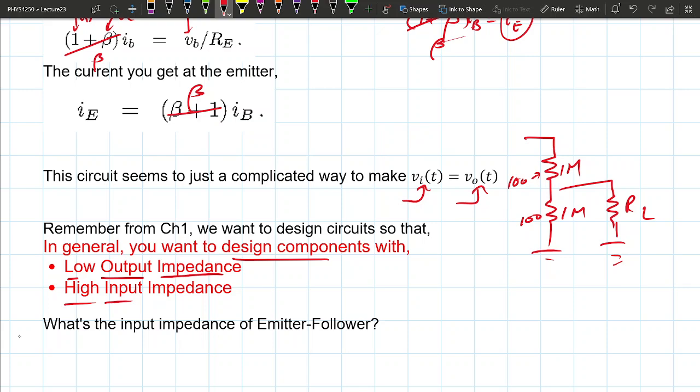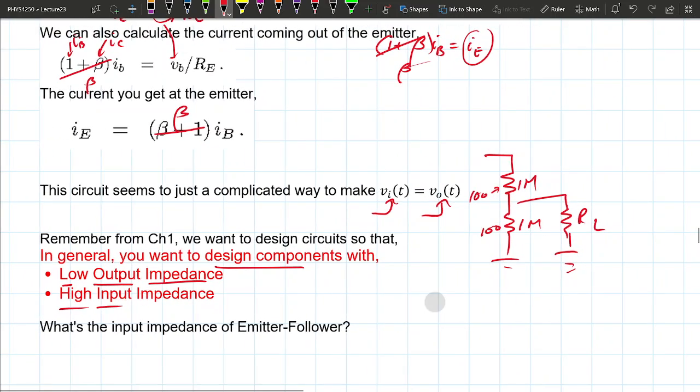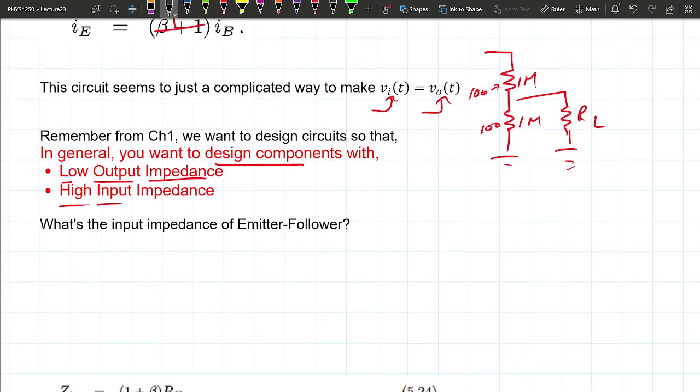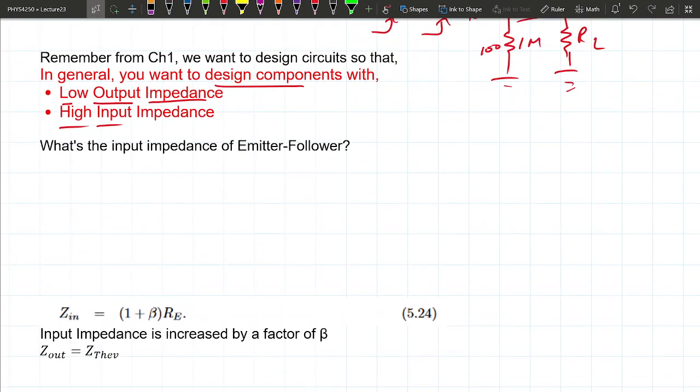So now let's think about what is the input impedance of the emitter follower. I think I'm going to redraw this circuit. The answer is down there, but I'm going to redraw this circuit anyway, just so we can figure out what that is. That's basically the circuit. Forgot the resistor, RE.